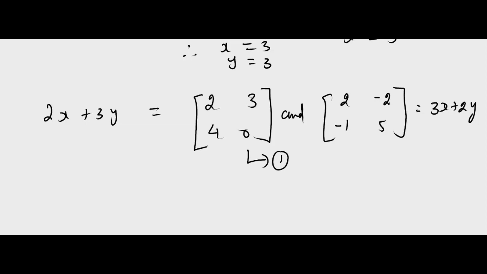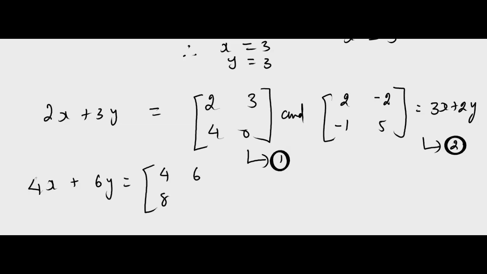Let us take this as 1 and this as 2. So multiplying the first matrix by 2, I will get 4x plus 6y is equal to [4 6; 8 0].